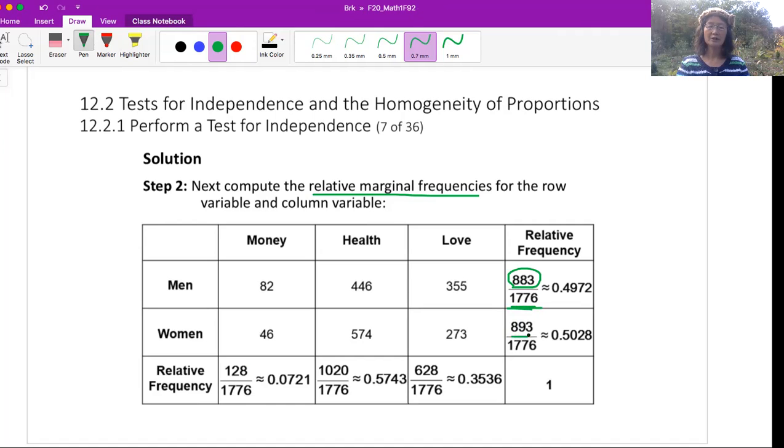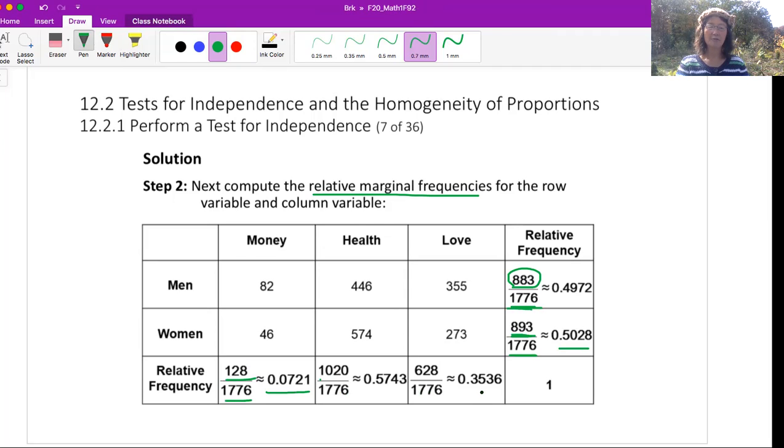Similarly, use the row total for women divided by the grand total, you get 0.5028. And now for this column, the relative frequency: total people who select money, 128, divided by grand total 1776, you get this frequency. Similarly, you can figure out the relative frequency for people choosing health and choosing love.